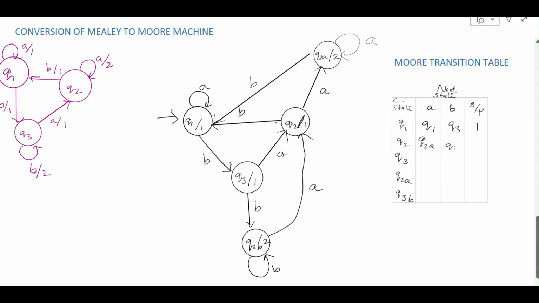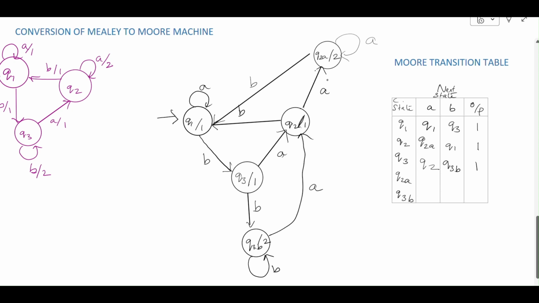What is the output associated to the state? It is 1. Q3 on receiving input A is moving to Q2. Q3 on receiving input B is moving to Q3B. Output associated with it? It is 1.